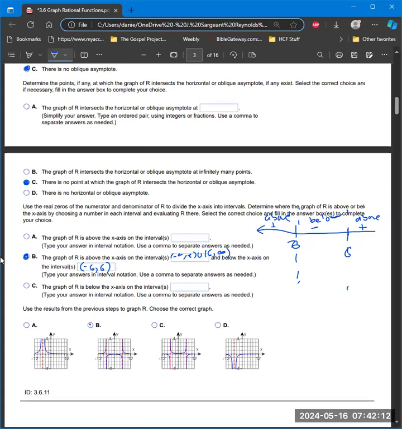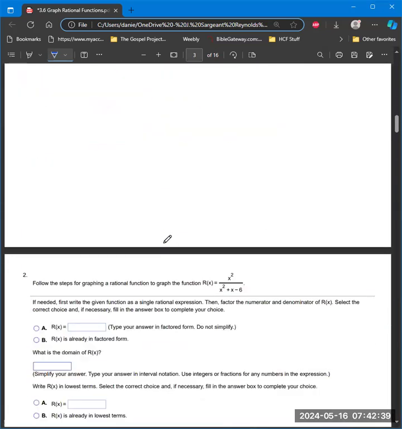That looks like B is below the x-axis from -6 to 6 and is above from -infinity to -6. It also has that horizontal asymptote of y = 0 that we talked about. That never crosses it.